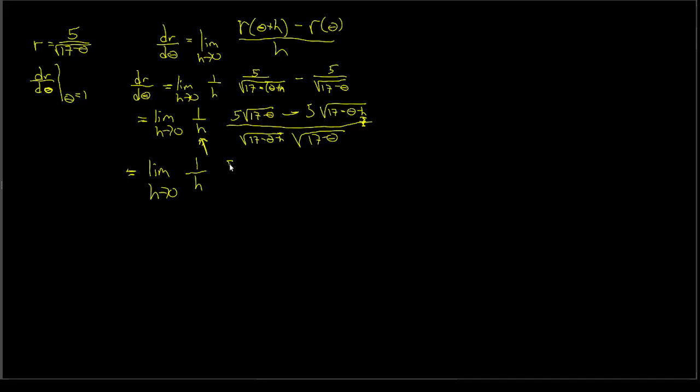So we'll go 5, square root of 17 minus theta, all over our denominator. And just for right now, I'm just going to use d for denominator, so I don't have to rewrite this every single time. Right, so over here we'll just say that's d.